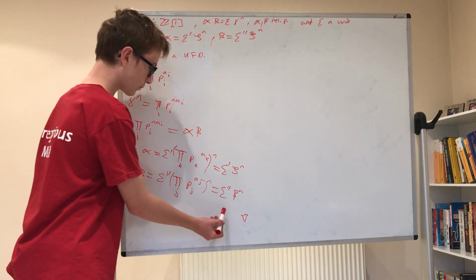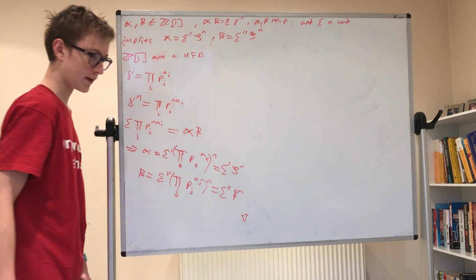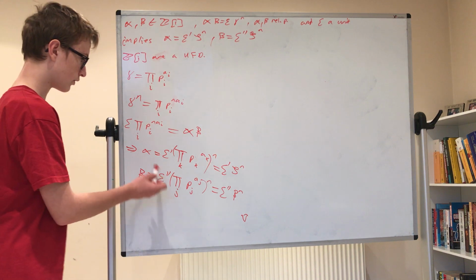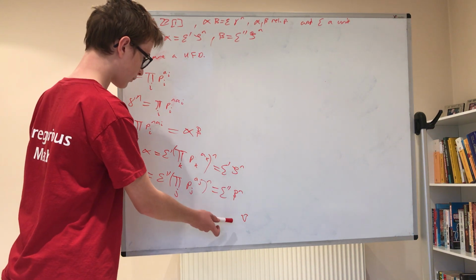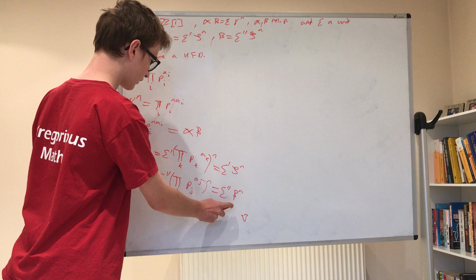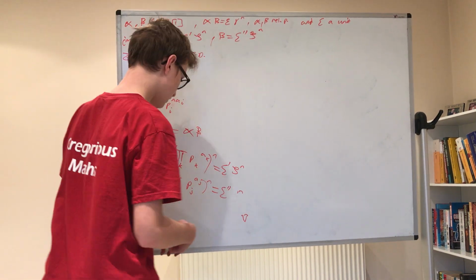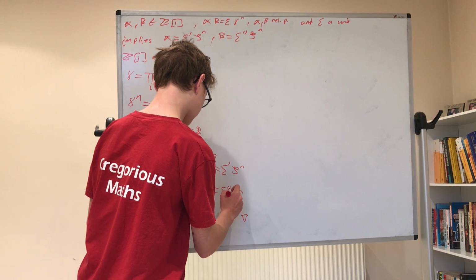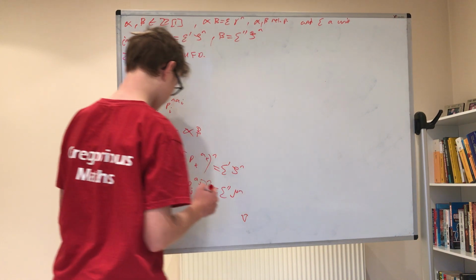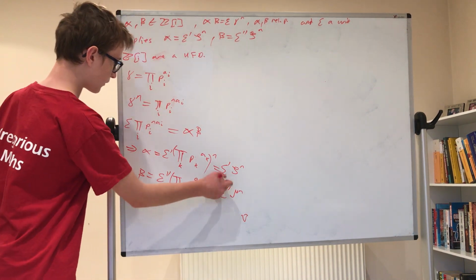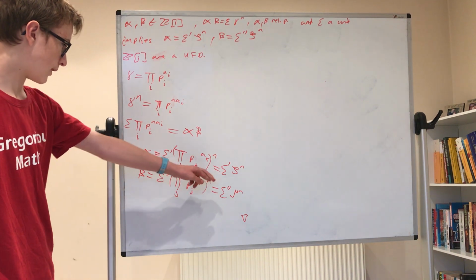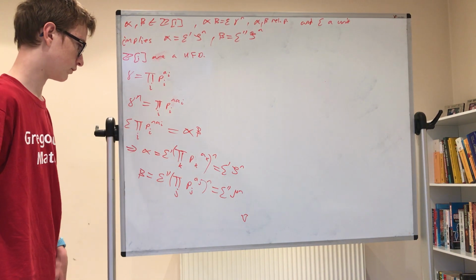We're allowed to do this because the product of two units is going to be another unit. So epsilon prime times epsilon double prime, sorry, not beta to the n, let's just have some mu to the n. So epsilon double prime times epsilon prime is going to just give you epsilon.